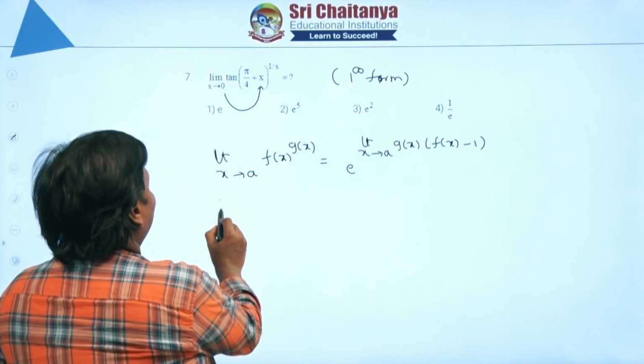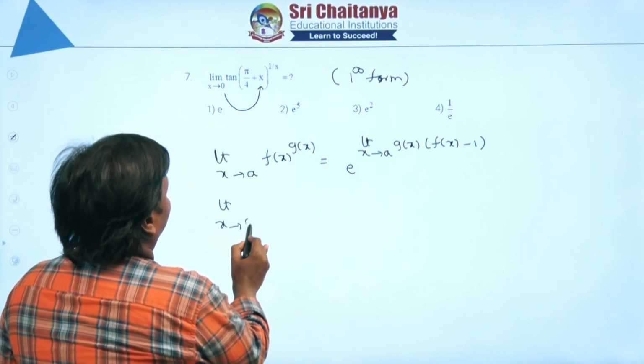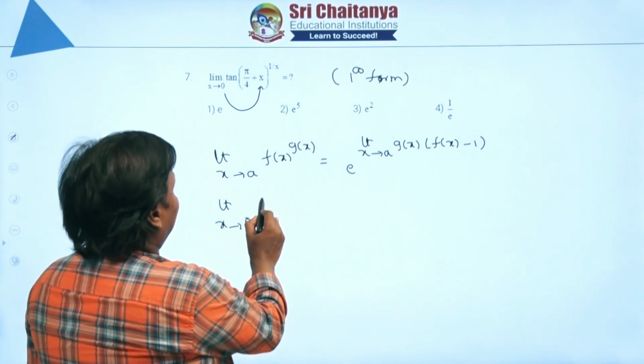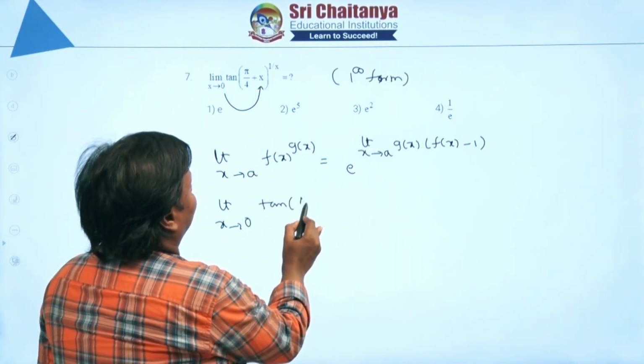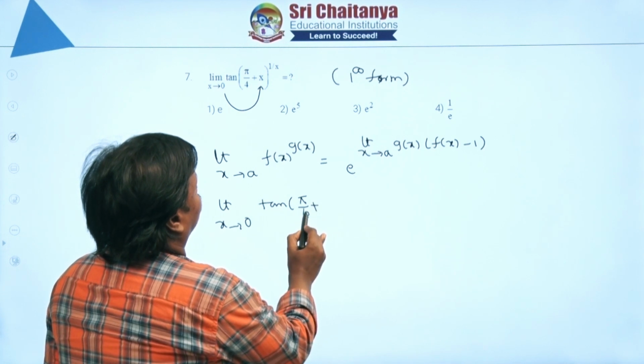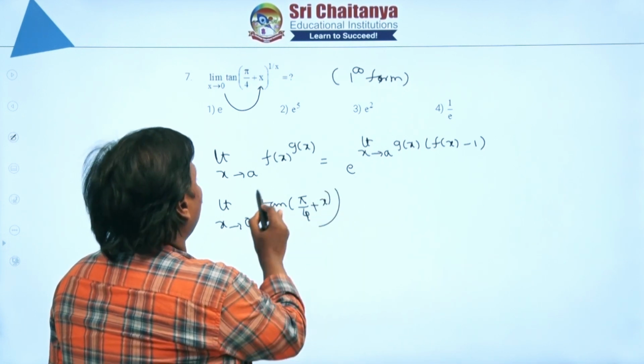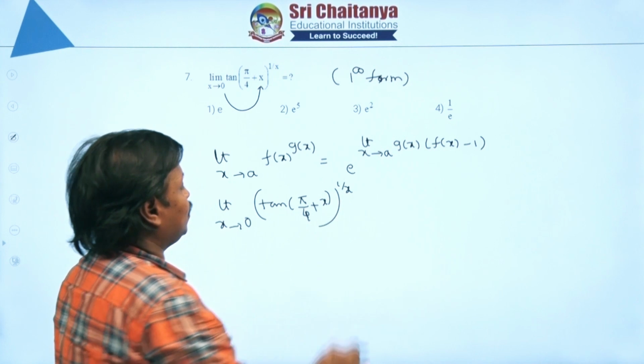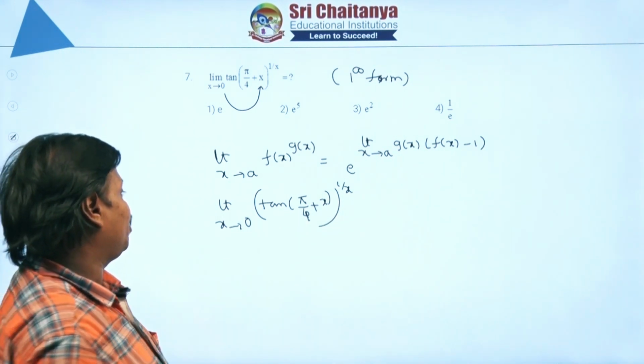So I can write it as limit x tends to 0, tan of pi by 4 plus x, whole to the power of 1 by x. When you substitute x equals 0, it is in 1 power infinity form.